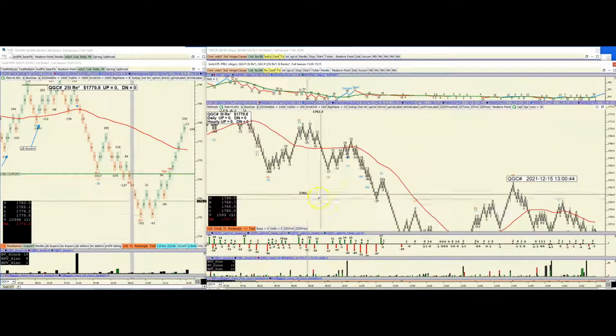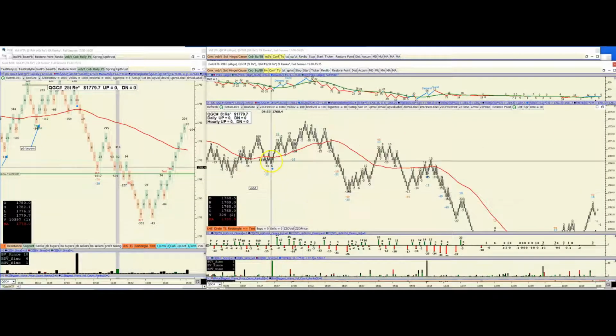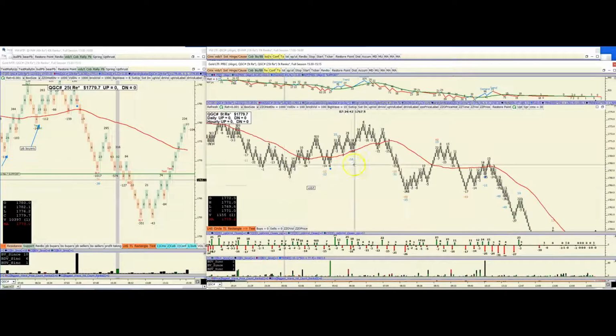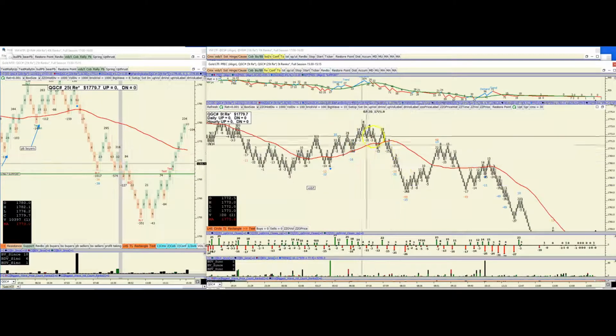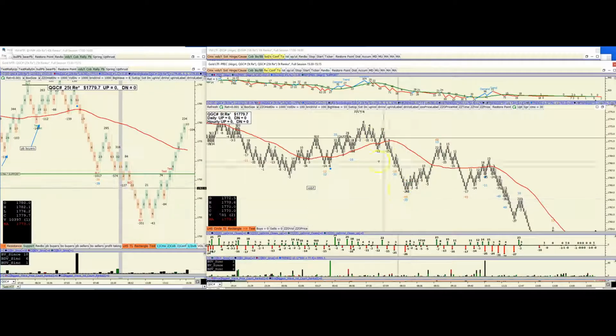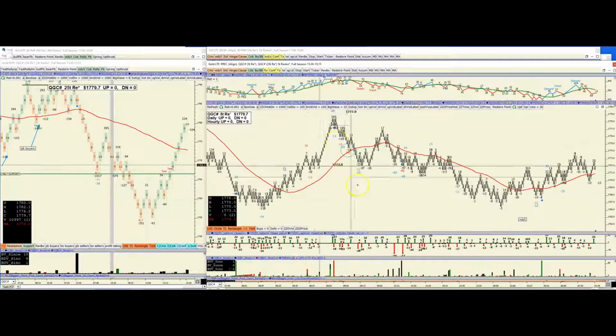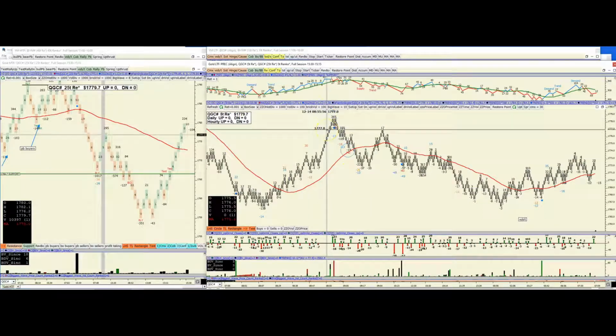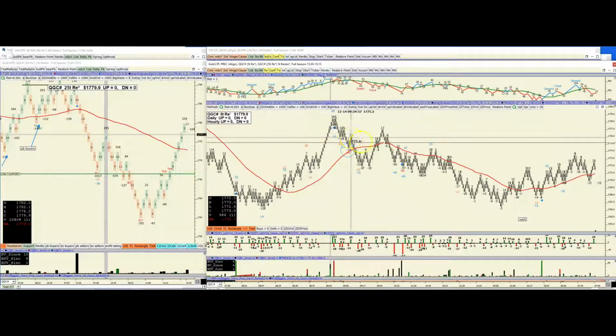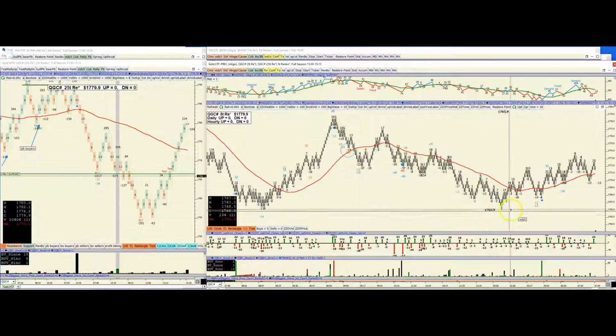So it's really important to understand that. Right there. It's not like 2, 3. Again and again you see big moves, again and again.